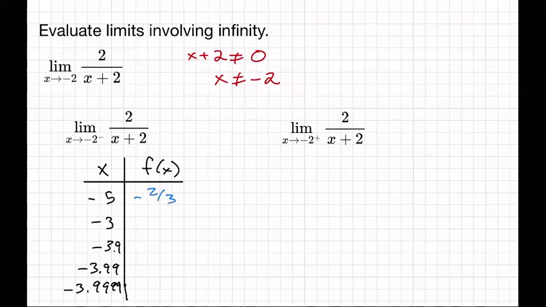If I plug in -3, I get -2. Now, things to watch for here. They're both negative numbers, okay? 2/3, though, is smaller than 2, so we actually went further down in negative values just now. So let's keep going, -3.9.